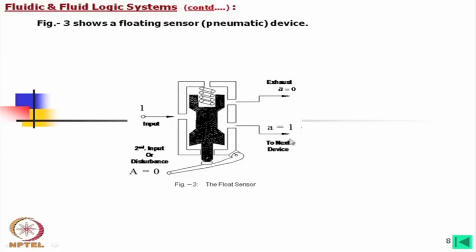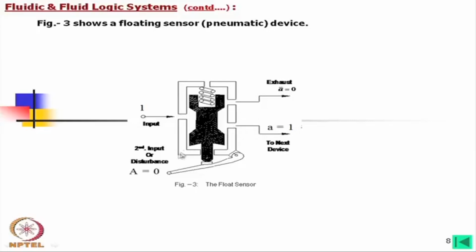Now, this is being used to perform some operation, so the flow goes to the next device. Here I would say that in the case of fluidic devices, as I told, there should be laminar flow even for the mainstream.